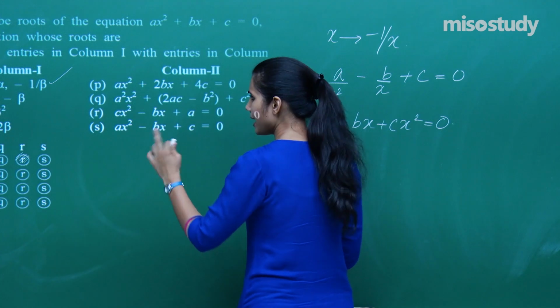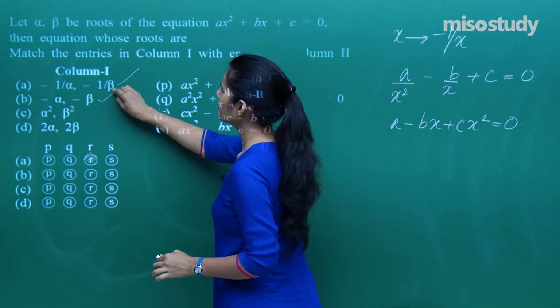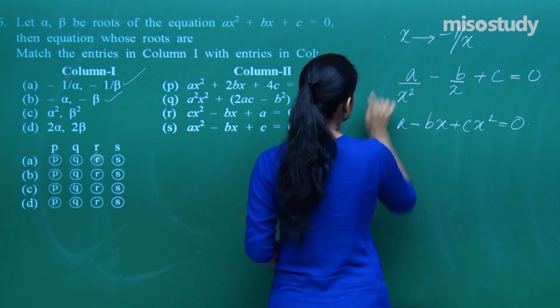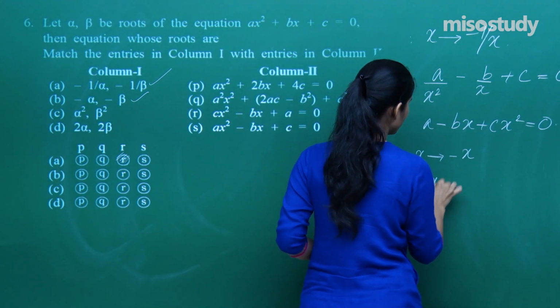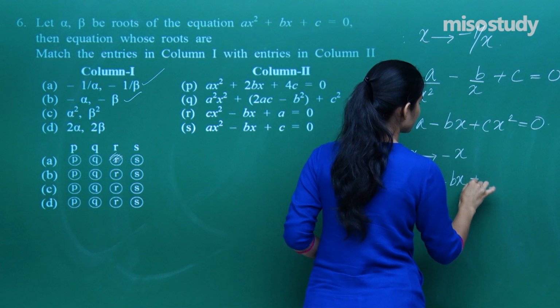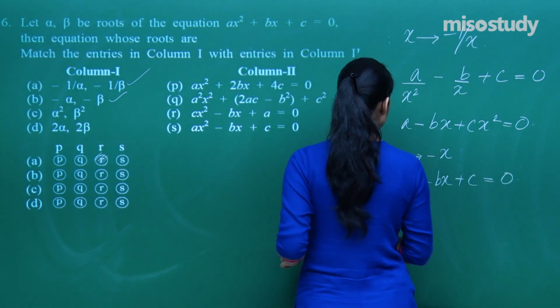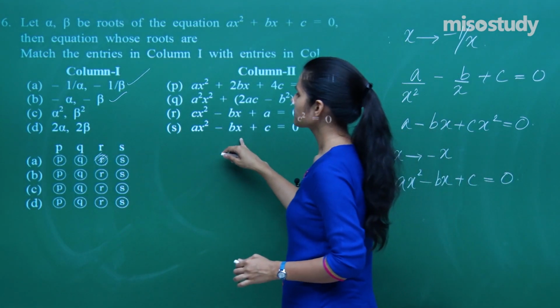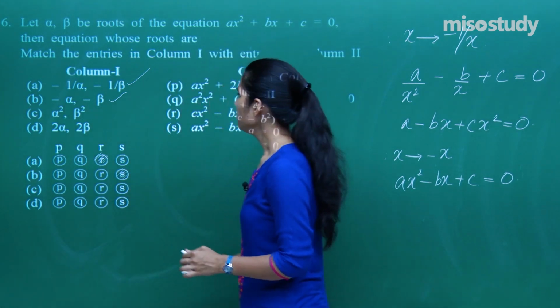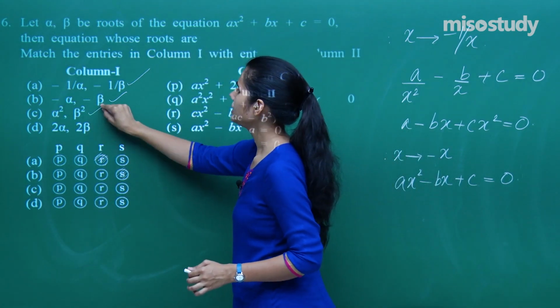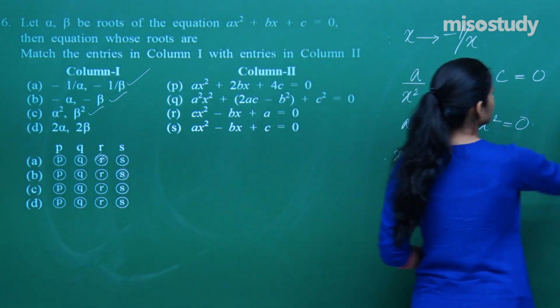Clear? Then you have minus alpha, minus beta, replace x by minus x. You get ax square plus bx plus c is 0. So you get ax square minus bx plus c, so this gets matched to s. Then alpha square, beta square, replace x by root x.